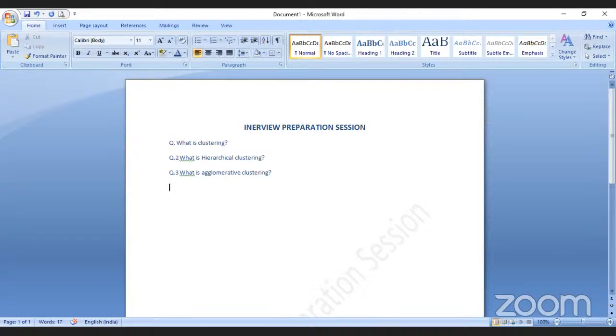It is also known as the bottom up approach. In this, we start with a number of data records, form clusters out of them, and finally we reach one cluster. For that reason it is known as the bottom up approach.